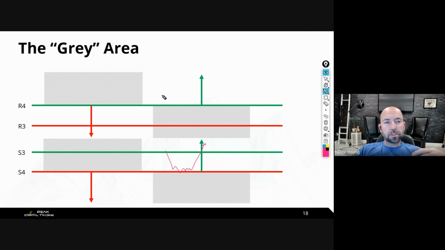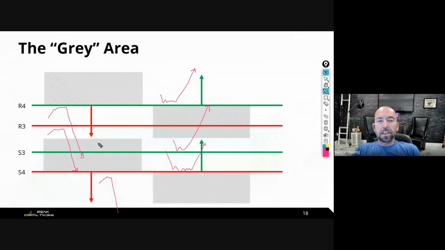If the price action opens up here above R4, I want to go long. If the price action opens under R4, I want to play that and go short. If it opens under R3, I want to play that and go short. Pretty simple. And if it opens under S4, short. S3, long.